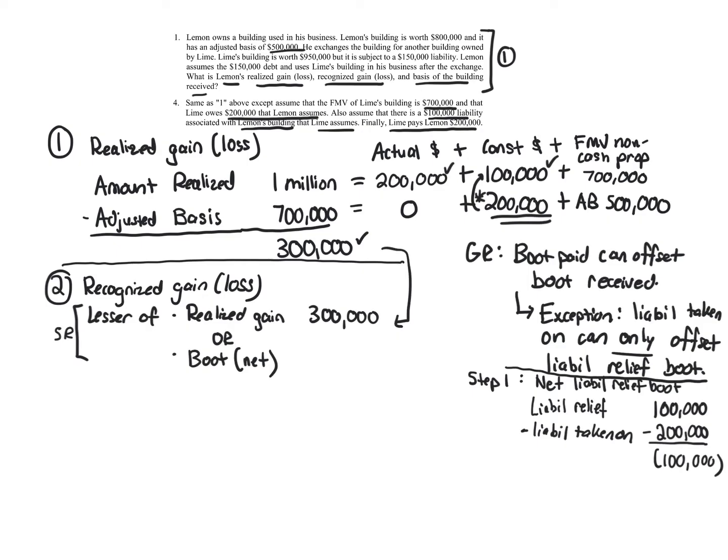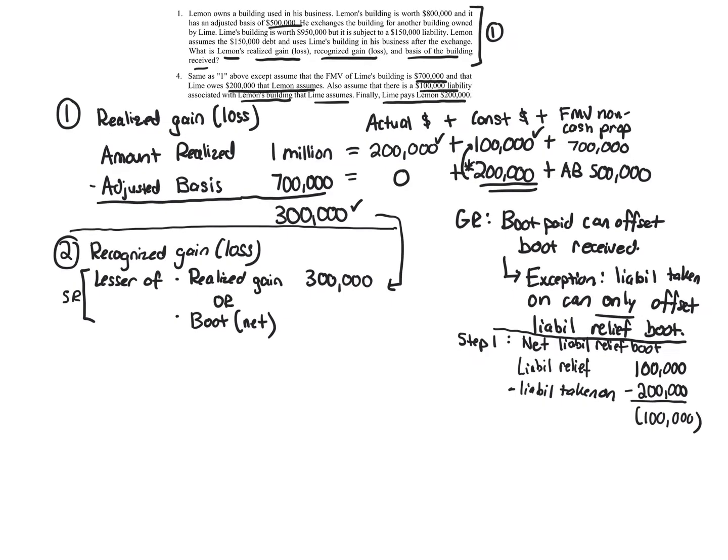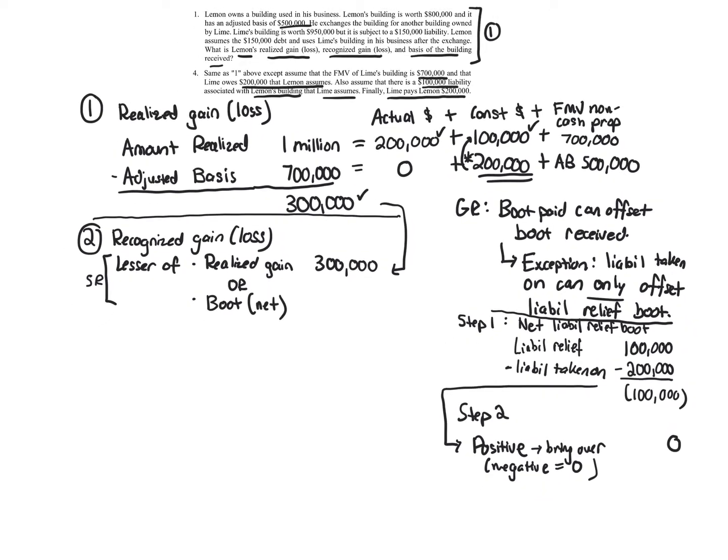So we have net liability relief boot of negative $100,000. What we then do, step 2, if this number is positive, which it's not, you bring that over. But if it's negative, it equals 0.